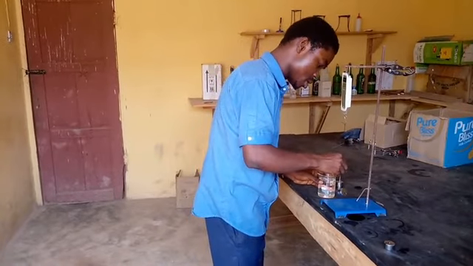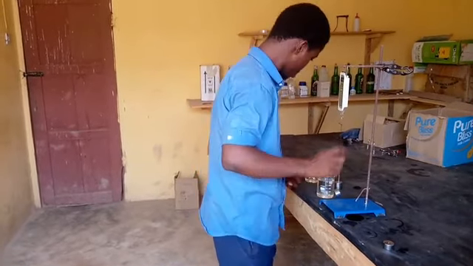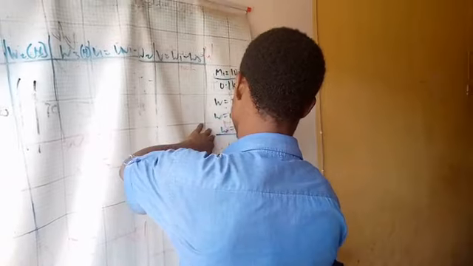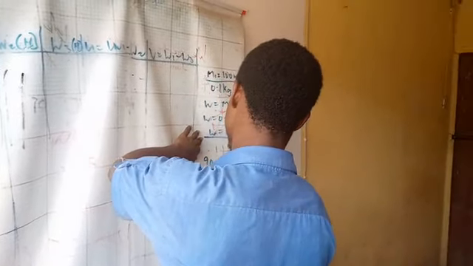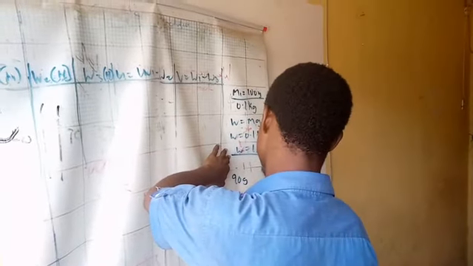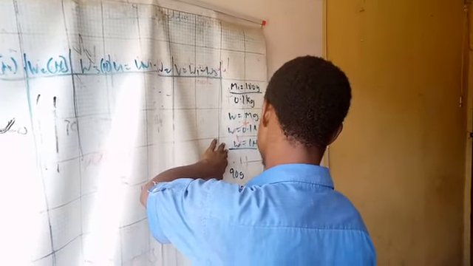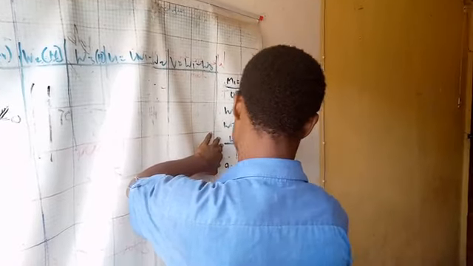So we have our 90 grams. 90 grams divided by 1000, that's 0.09 kilogram. Then we multiply by 10 as we have been doing.